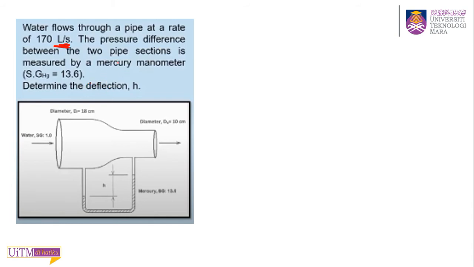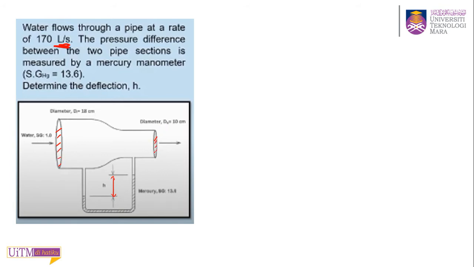The pressure difference between these two pipe sections is measured by a mercury manometer. So there is a manometer attached. Determine the deflection H. So they ask you to find this H. How many meters here?